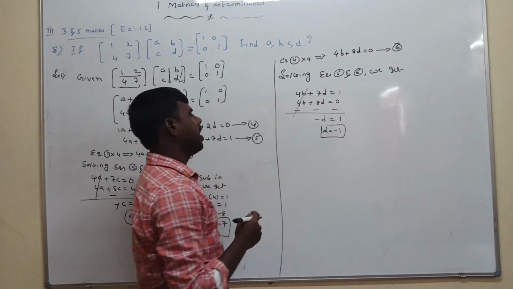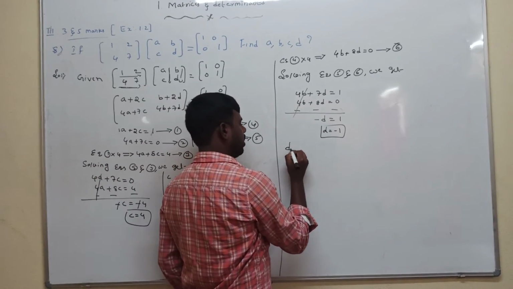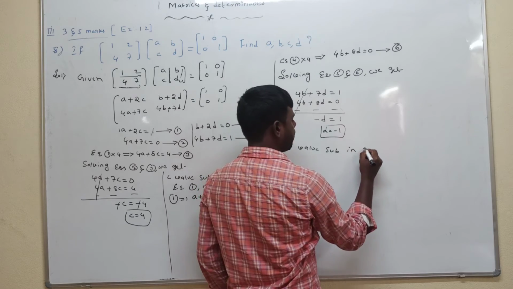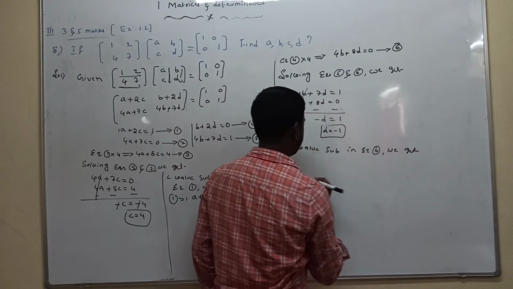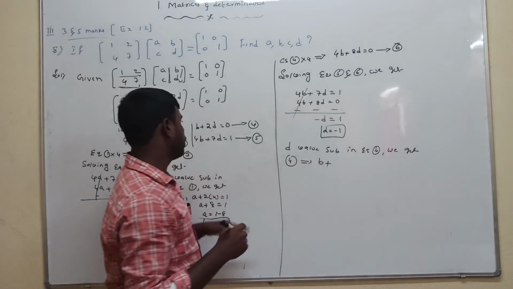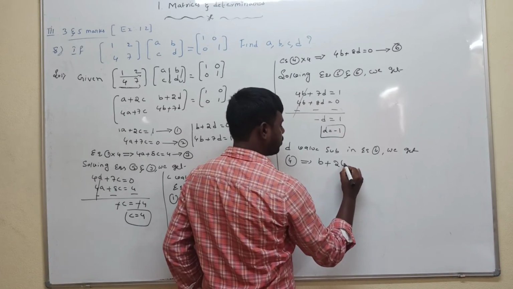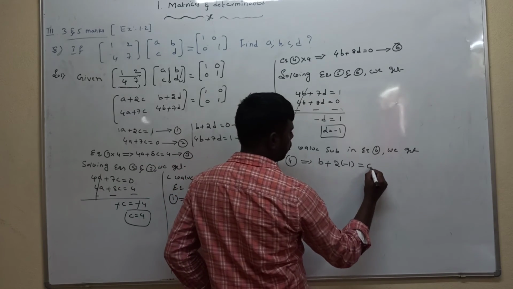Now substitute the D value in either equation number 4 or 5. Substituting in equation number 4, we get B plus 2D is equal to 0.